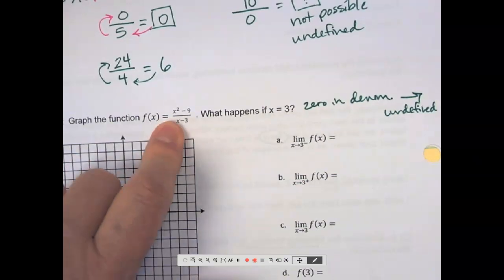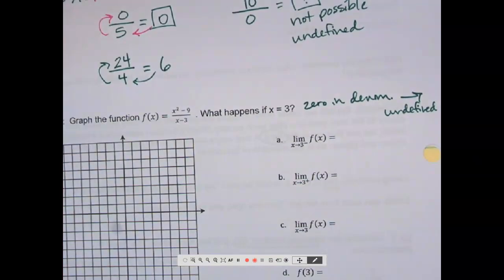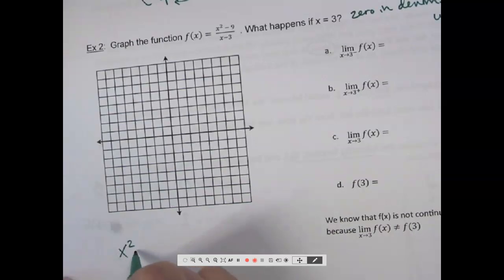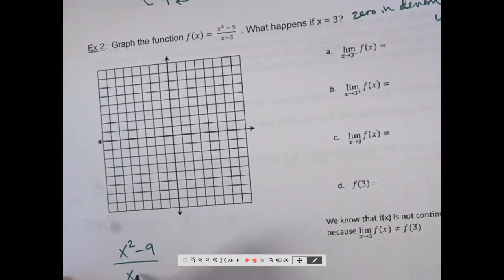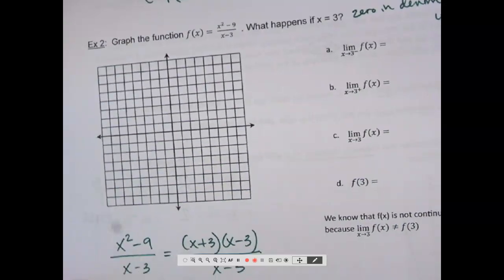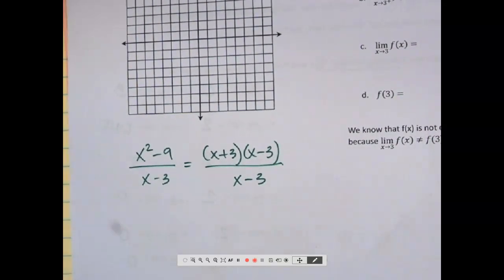Do you notice that the top is a difference of 2 squares and can be factored? Okay. x squared minus 9 can be factored into x plus 3 and x minus 3. That's a pretty simple thing to factor. Again, that's called a difference of 2 squares.